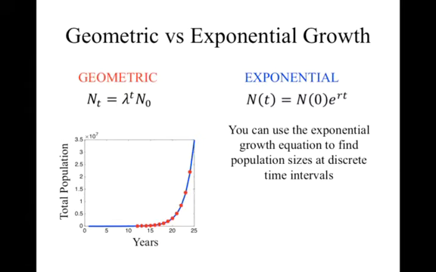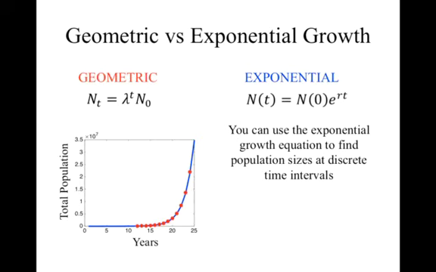Well, exponential growth occurs through time. And so the blue line in the figure there is sort of the exponential growth. It occurs continuously, and you see this smooth change in the population as you go from year 0 to year 25 and all the time points in between.